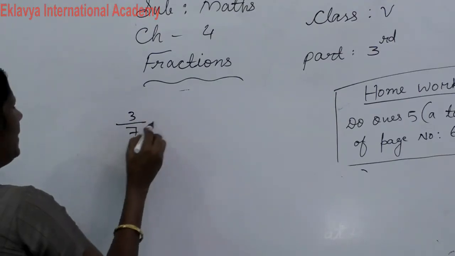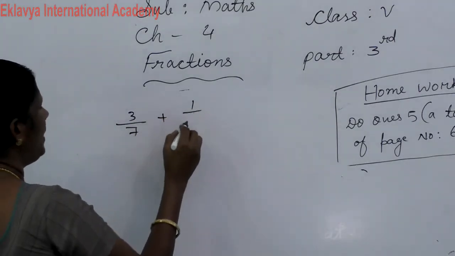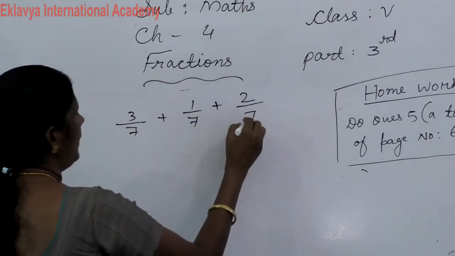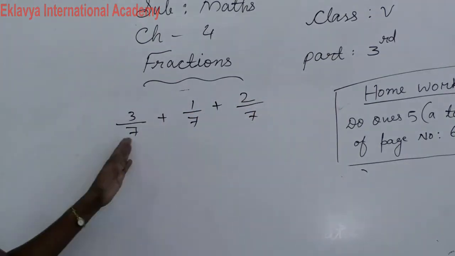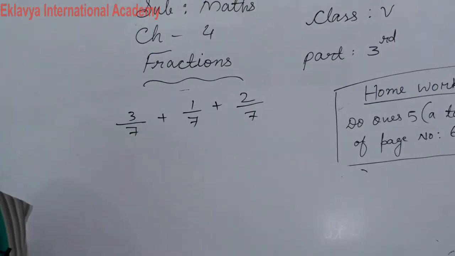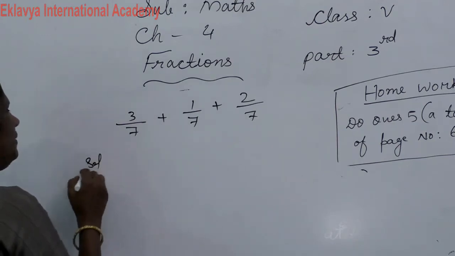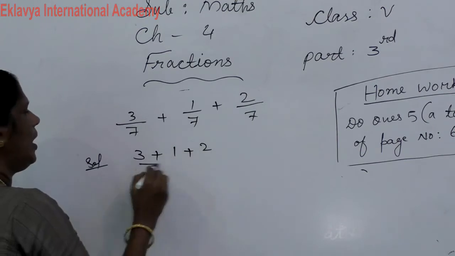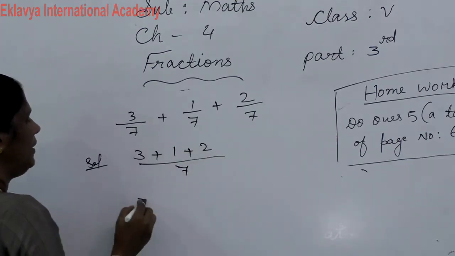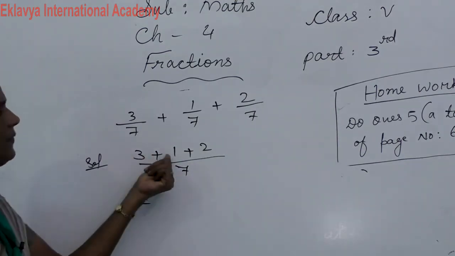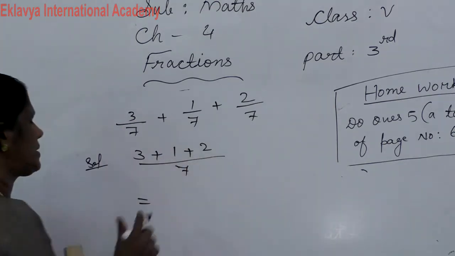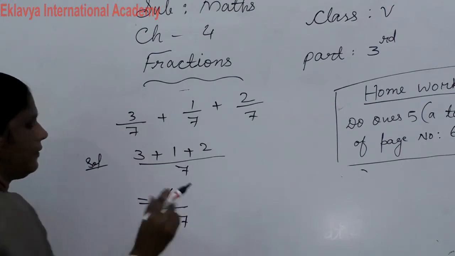3 by 7 plus 1 by 7 plus 2 by 7. Here the denominators are same. Solution: 3 plus 1 plus 2 upon 7. 3 plus 1 is 4, 4 plus 2 is 6. 6 by 7.